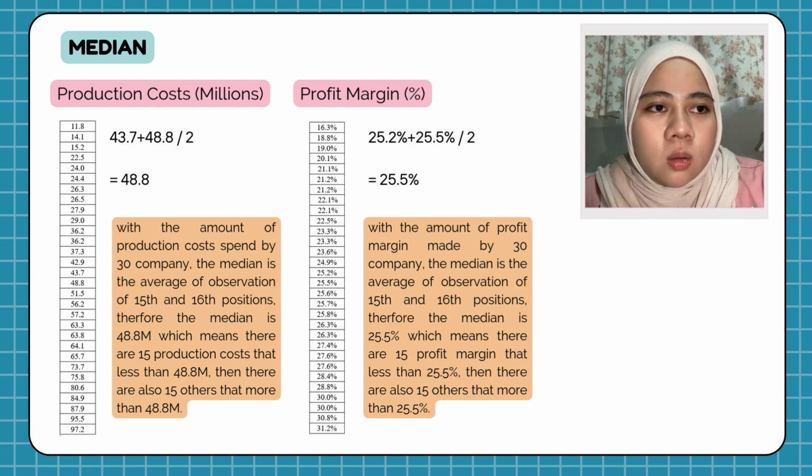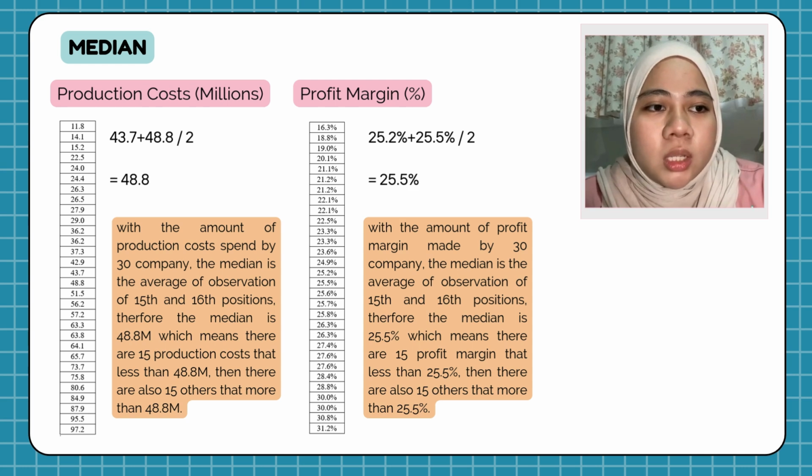43.7 and 48.8. I will add both of those numbers and divide by 2, and then I get 48.8. So as you can see here, with the amount of production cost spent by 30 companies, the median is the average of the observations at the 15th and 16th positions.